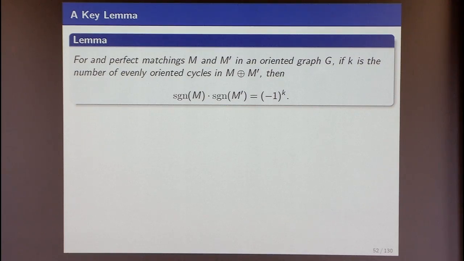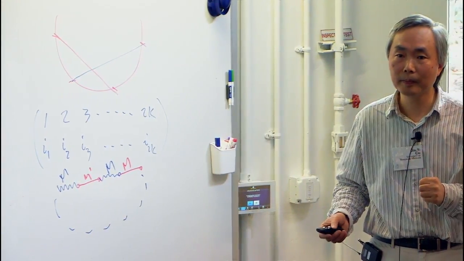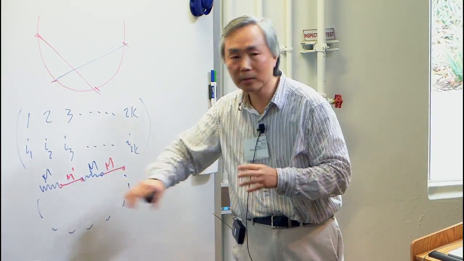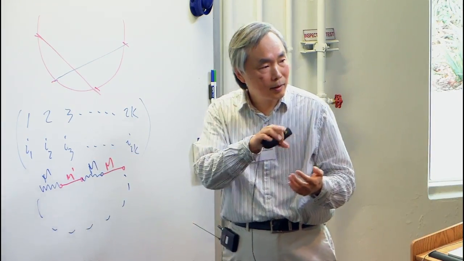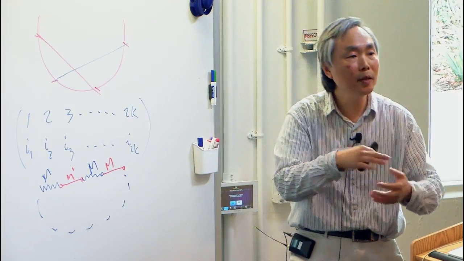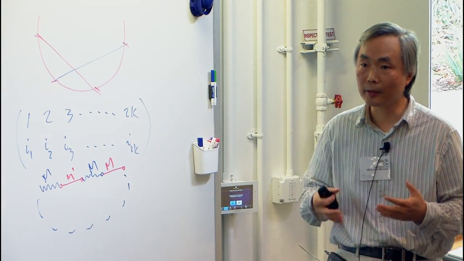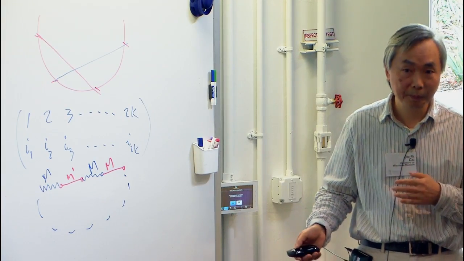That's a nifty claim. You take the red and the blue perfect matching, do the XOR, get a bunch of even cycles, and then you count how many evenly oriented cycles there are, because these edges are oriented, and this identity holds.